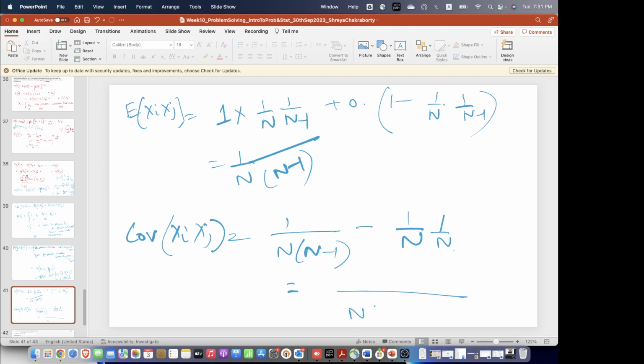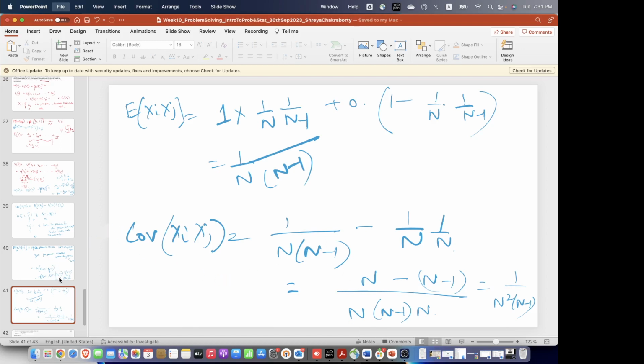So we would have n minus 1 into n, here we would have n minus n minus 1. So this would be 1 by n square into n minus 1. So this is my covariance term.